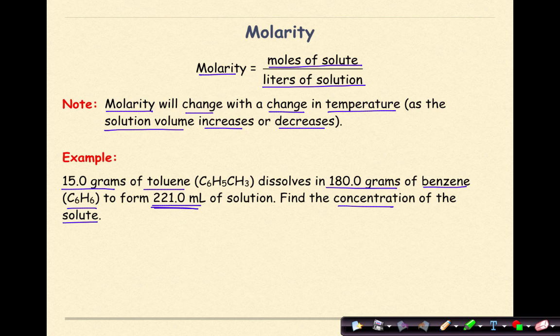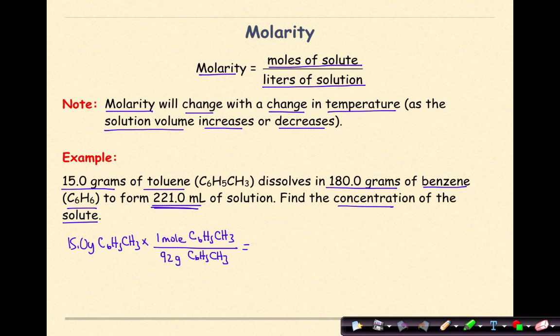So the first thing that we need to do is take our 15 grams of toluene, which is C6H5CH3, and convert that into moles. So 1 mole of C6H5CH3 over, I'm going to tell you that the gram formula mass of toluene is 92 grams of C6H5CH3.